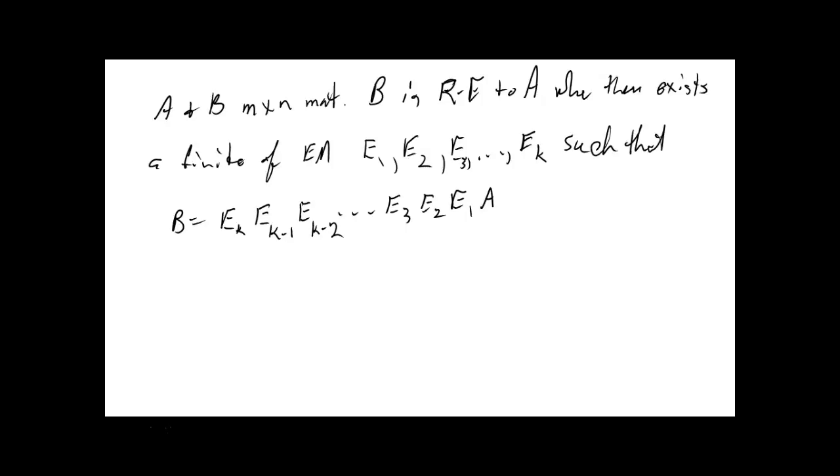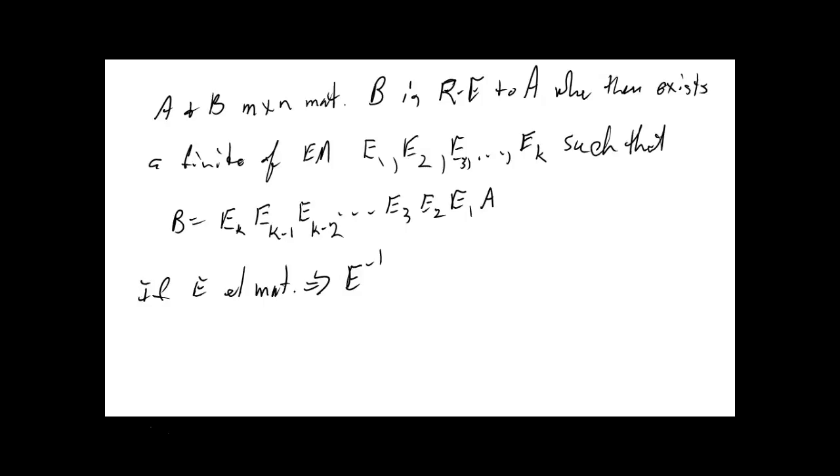So here is theorem 2.13. Okay? If E is an elementary matrix, and we know what that means, right? Then E inverse, number one, automatically exists because all elementary matrices are invertible.